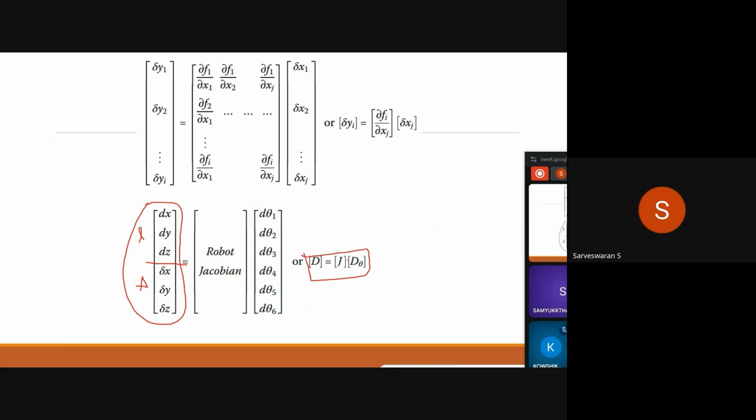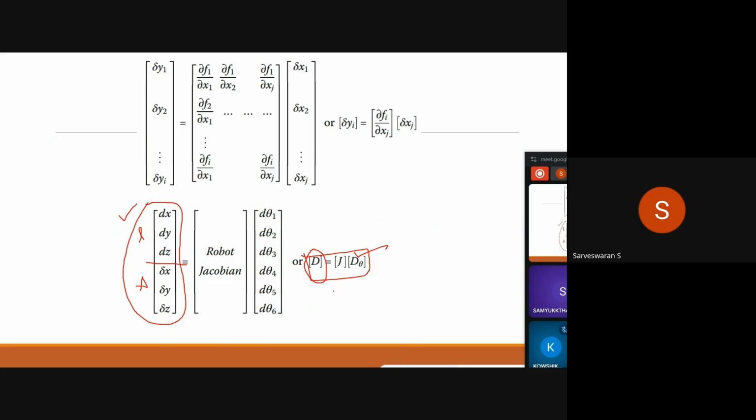In some of the problems that we will be solving, d theta will be provided, and the Jacobian will also be provided, and we have to find out the velocities. In most real-time problems, you may also be provided with the end effector velocities, and we have to find out the corresponding joint velocities, and for that we have to take the inverse.